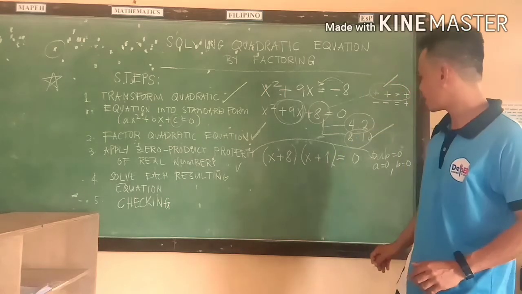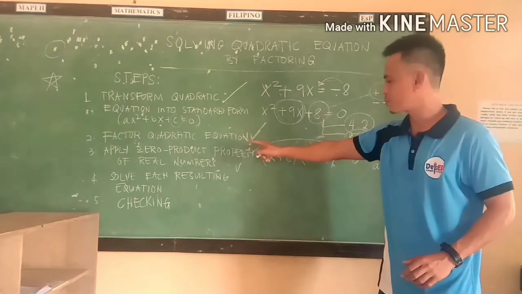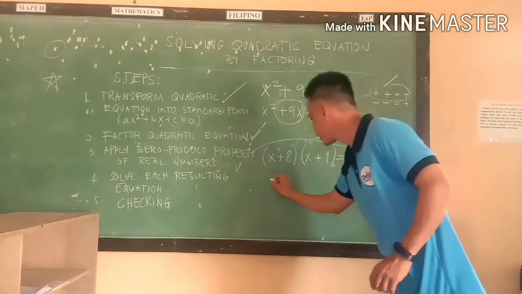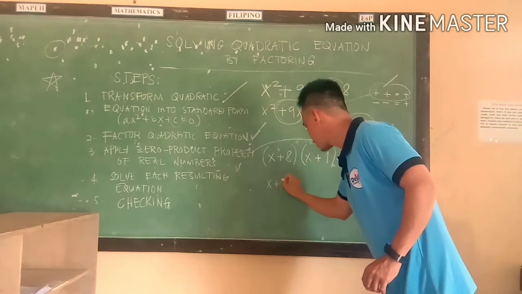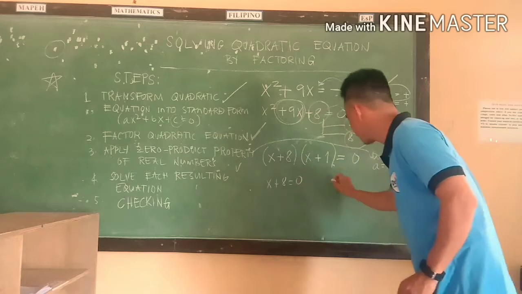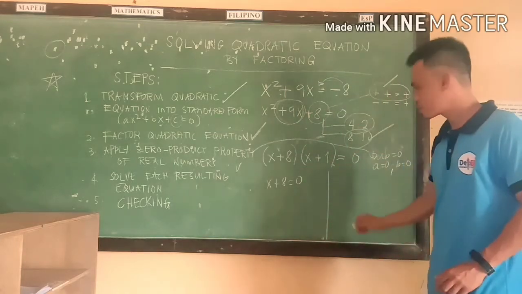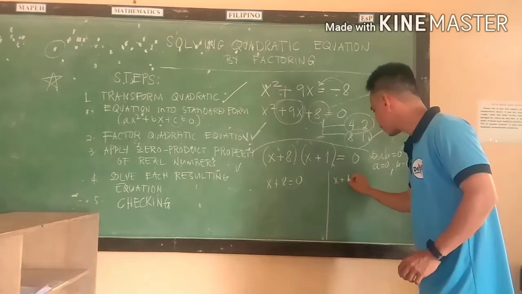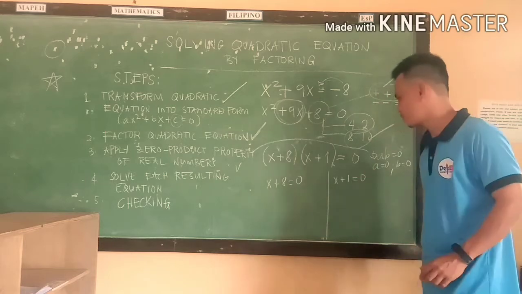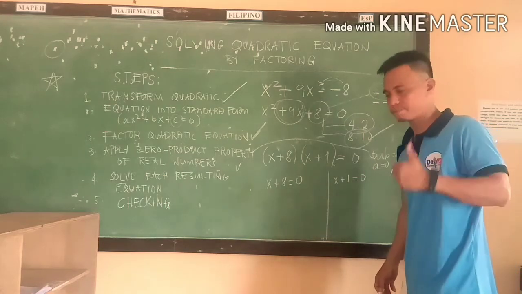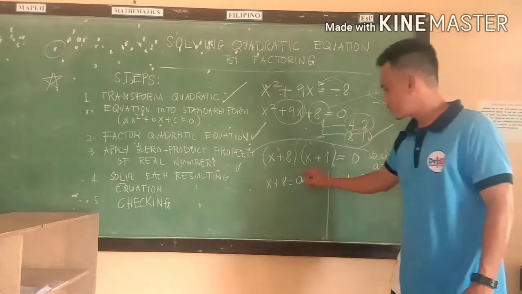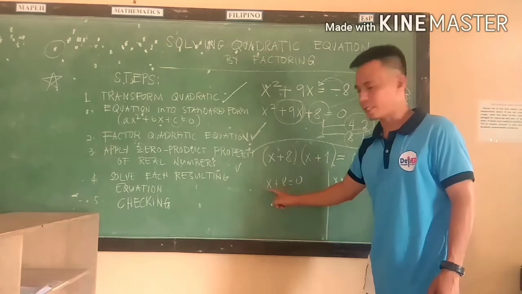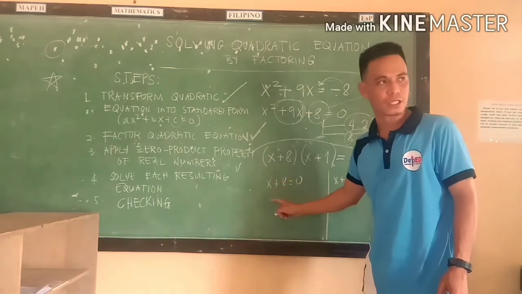So therefore, following the zero product property of real numbers, we have x plus 8 equals 0, and the other one is x plus 1 equals 0. I hope you follow, okay? Good. Solving for x, hahanapin natin yung value ng x.